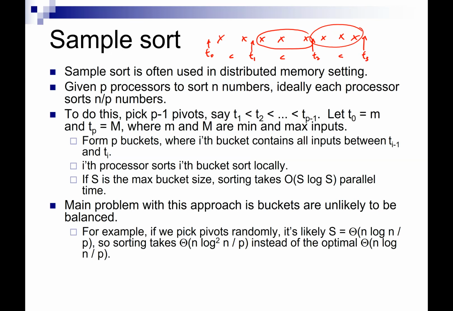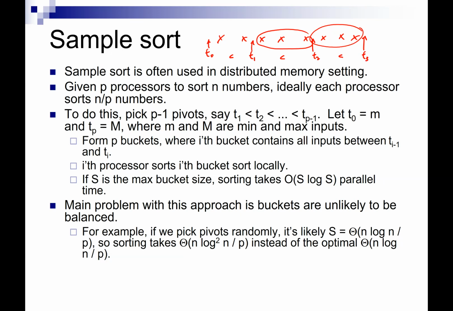Now this is going to work very well if all of these buckets are about the same size. In fact, in the ideal situation, everything is exactly size n divided by p. Then all of the processors are perfectly load balanced when they sort within each bucket, and this approach works well.